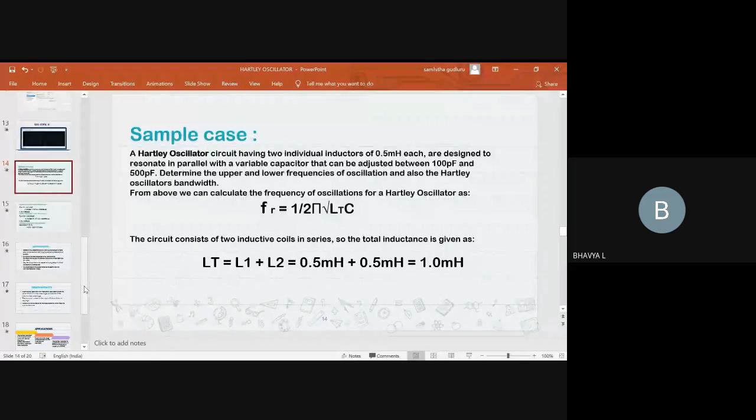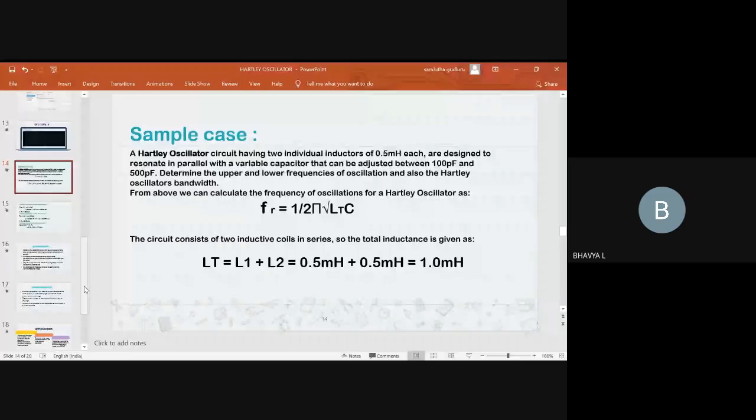Sample case. A Hartley oscillator circuit having two individual inductors of 0.5 millihenry each is designed to resonate in parallel with a variable capacitor that can be adjusted between 100 picofarad and 500 picofarad. In order to find out the lower and upper frequencies and bandwidth of the Hartley oscillator, the below formula is used.